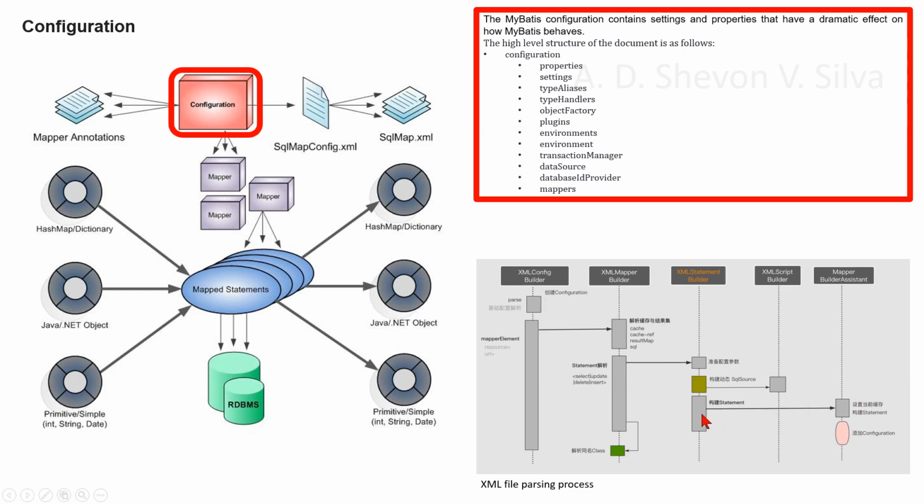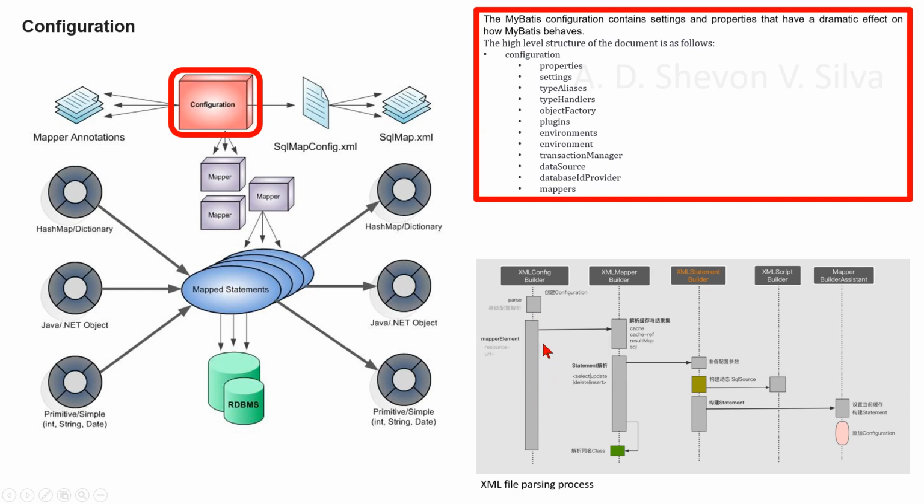The process description here: one, XML config builder receives a config.xml input stream and then creates an empty configuration object. Two, XML config builder analyzes overall configuration, and three, XML config builder analyzes mapper elements.